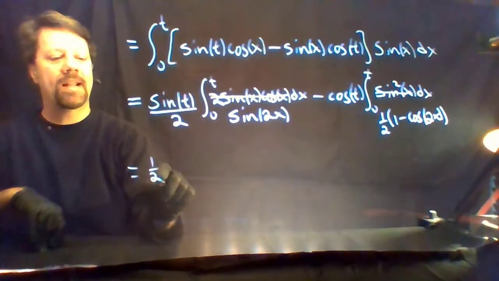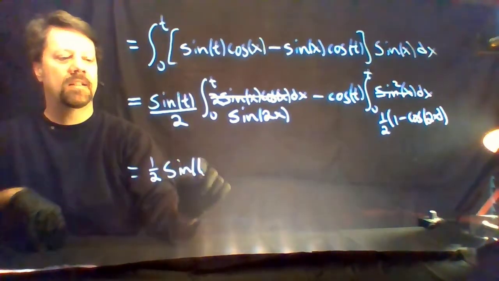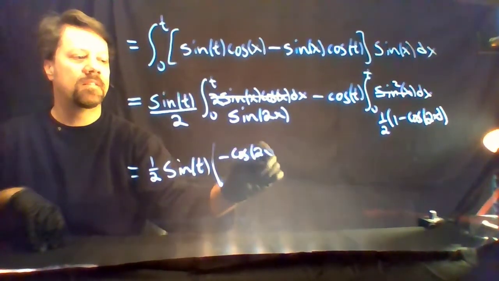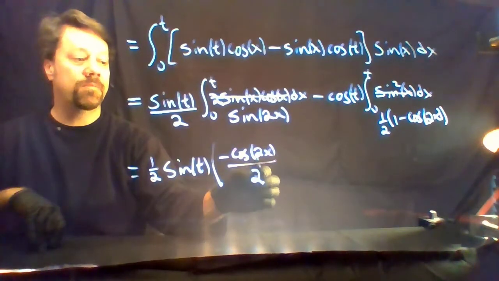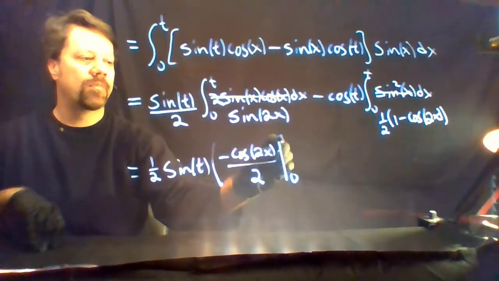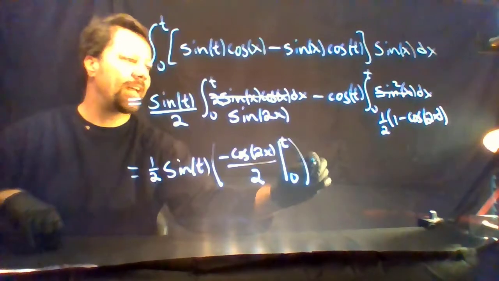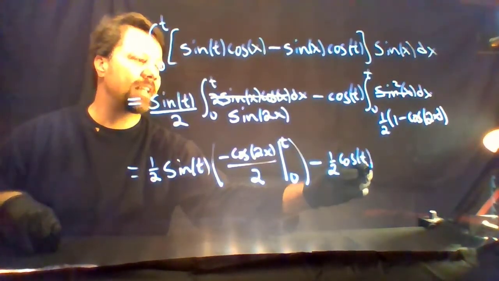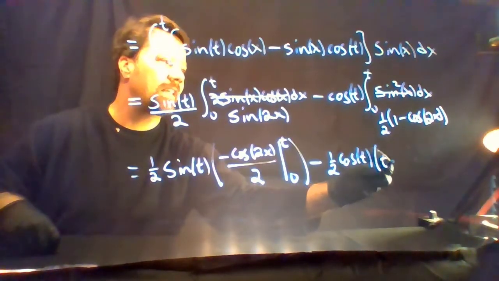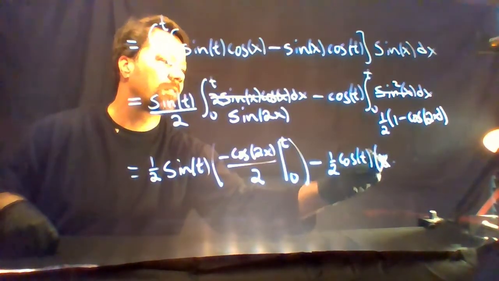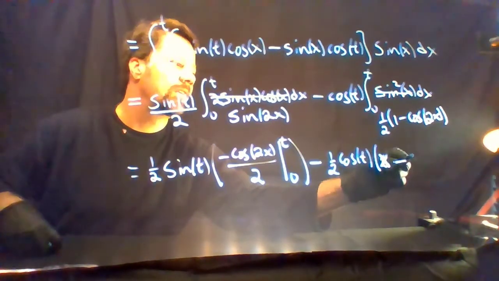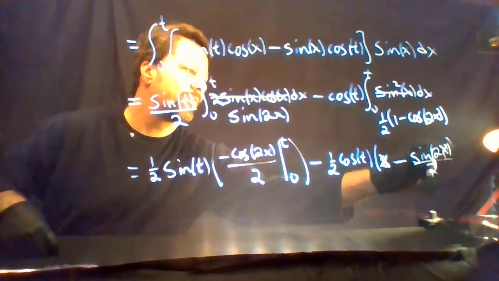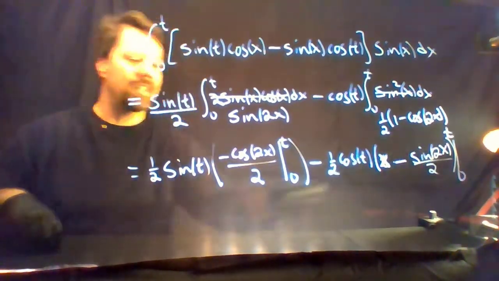This gives us 1/2 sine of t. The integral of sine is negative cosine, but we have to divide by the 2 here. We have minus 1/2 cosine of t. We'll end up with t, or rather x, minus sine of 2x over 2, evaluated from 0 to t.